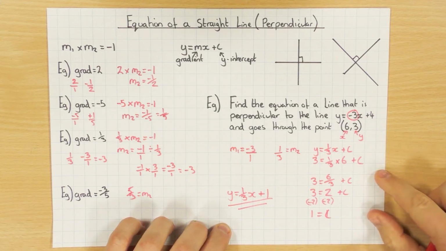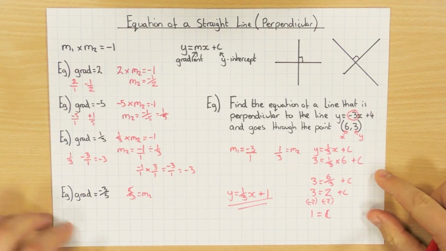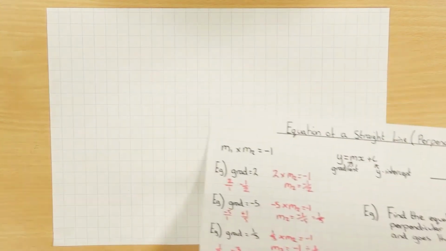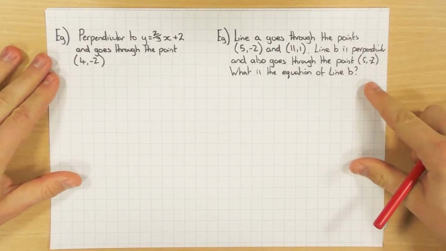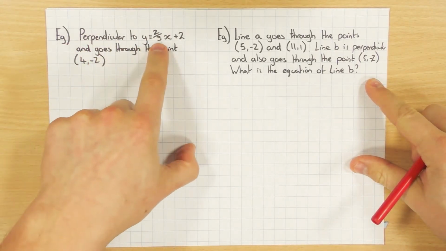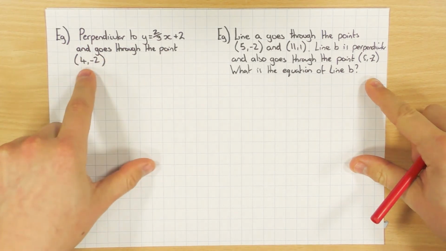Okay, that's probably the most common type of question that you can have. So let's go through a few more examples and have a look. Let's start off with these two here then. Okay, so one very similar. Again, I want the equation of the line that's perpendicular to this line and goes through this point here.